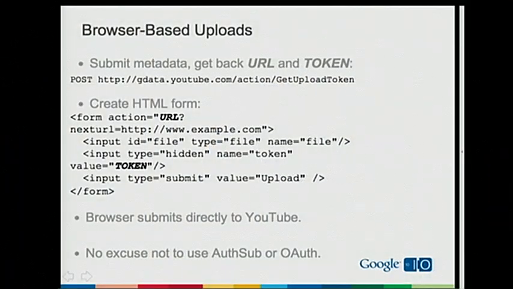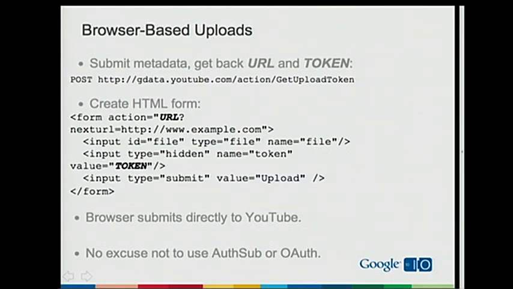I just want to mention and reinforce something that you're going to hear a lot, which is there's really no excuse in this case not to use either AuthSub or OAuth. AuthSub and OAuth are very similar in their purpose, and basically what they let you do is obtain credentials to upload videos or to take any action on behalf of a given user. And it'll allow you to do that without actually having to request that user's login name or password.